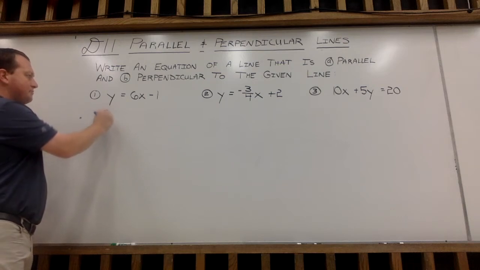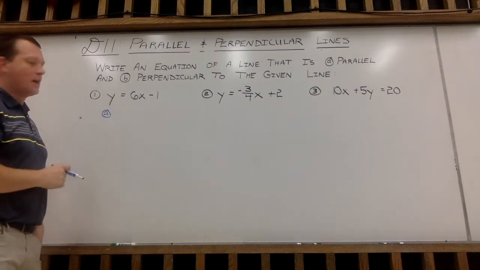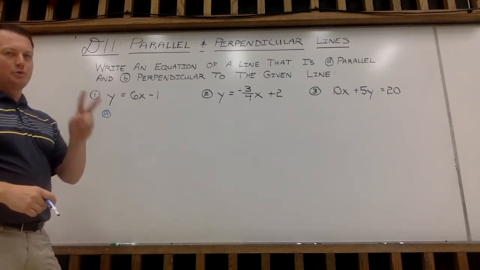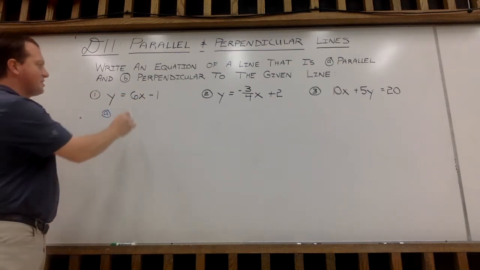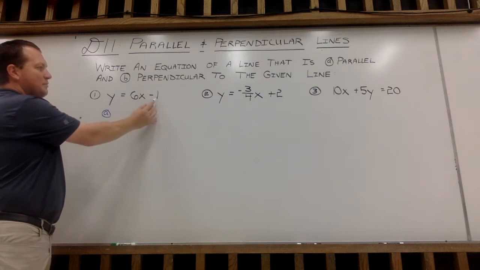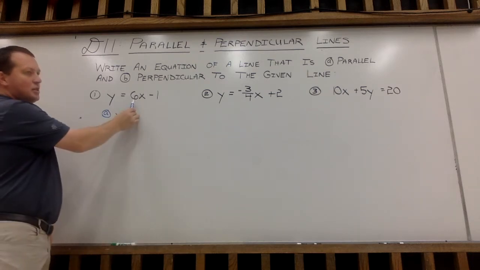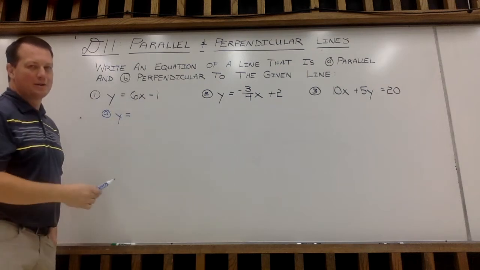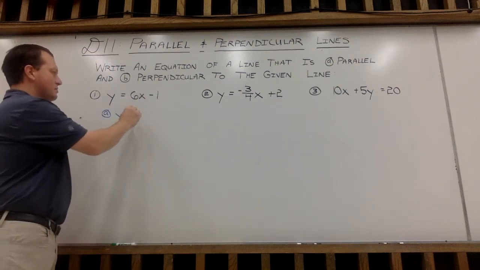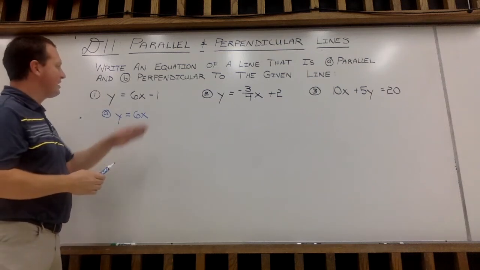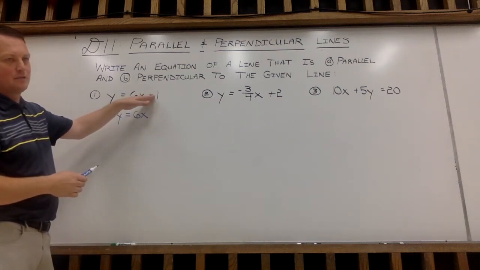So A, if I want to write an equation of a line that is parallel to this line, remember the two things I need for parallel are the same slope and a different y-intercept. So if I want an equation to have the same slope as this line, I need the same number as 6. Well, there's only one number that's the same as 6, 6. But now here's where the answers can vary. I need a number that's different than -1.